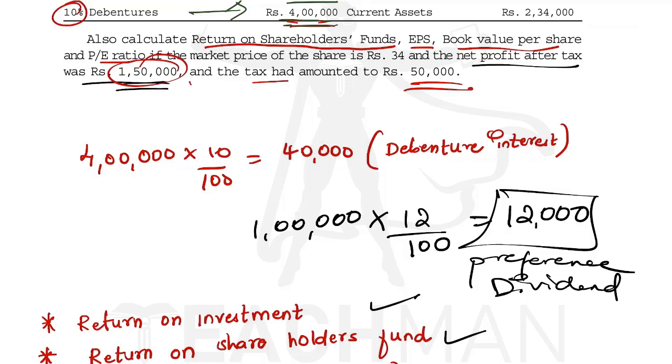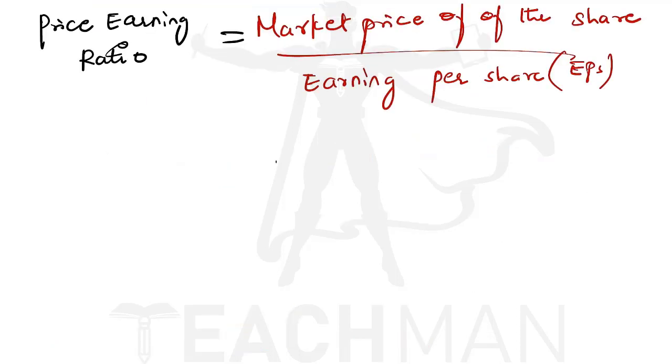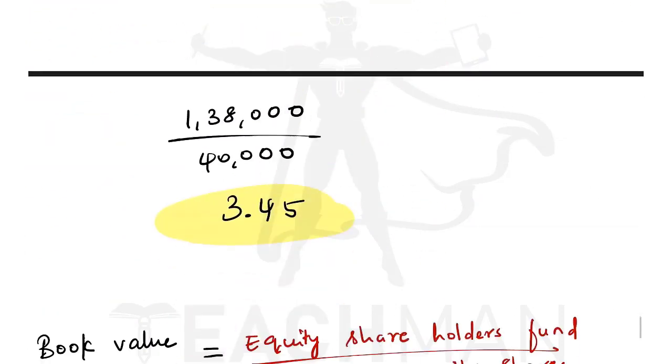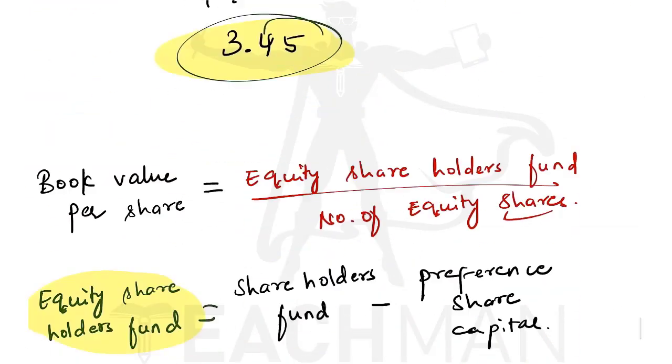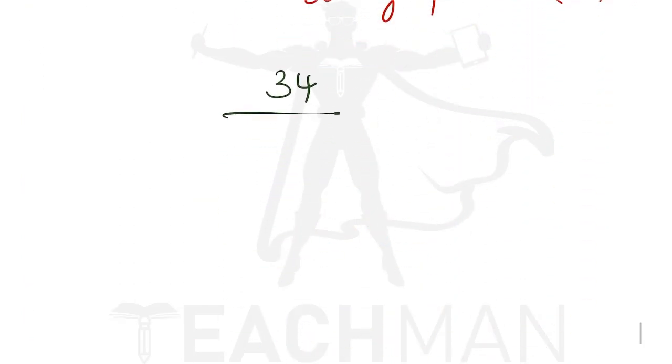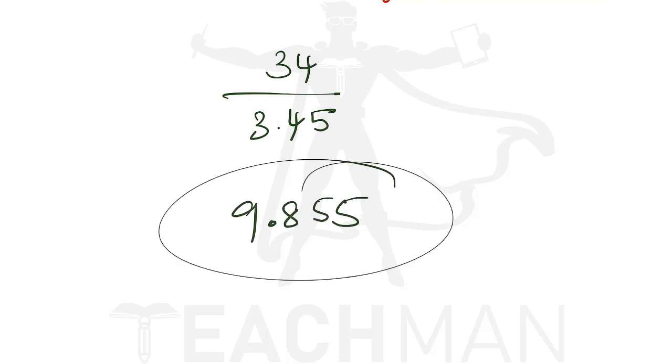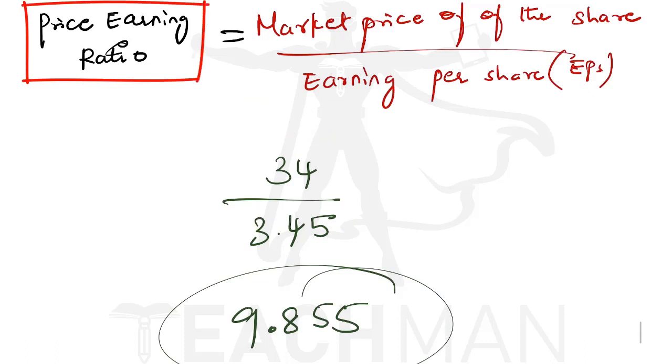Market price of the share is 34. Then earning per share, we have calculated EPS now, that answer you take. We got the amount as 3.45. So 34 divided by 3.45 is 9.855. So this is the price earning ratio.